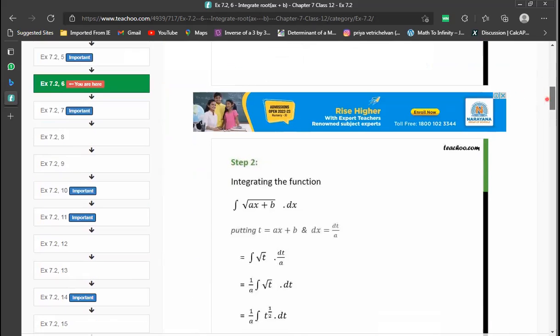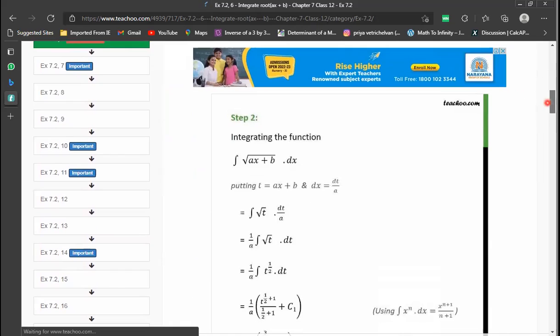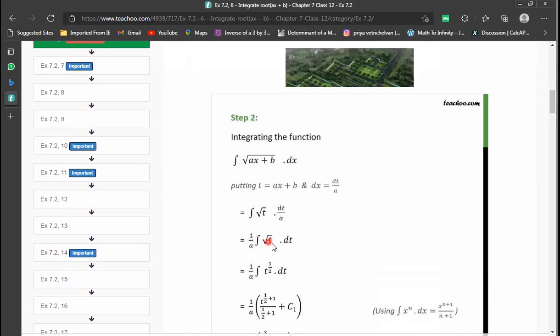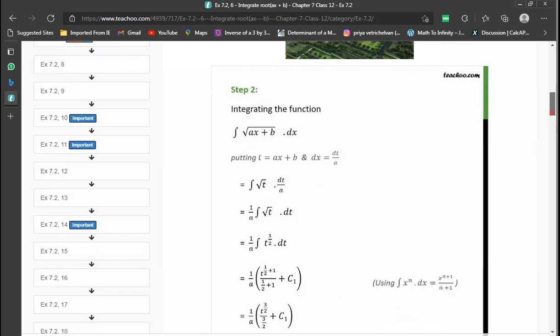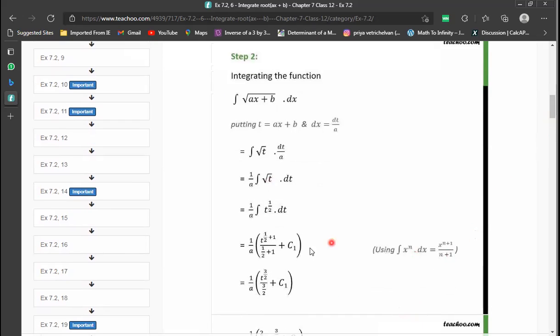So now let's change the question. Just putting the values of t over the question, it will turn into integral square root of t. Dx can be written as dt by a. Just take the a outside, which is 1 by a. Square root of t is nothing but t power 1 by 2. So you can use the power rule, x power n dx. You can just increase its power by 1.